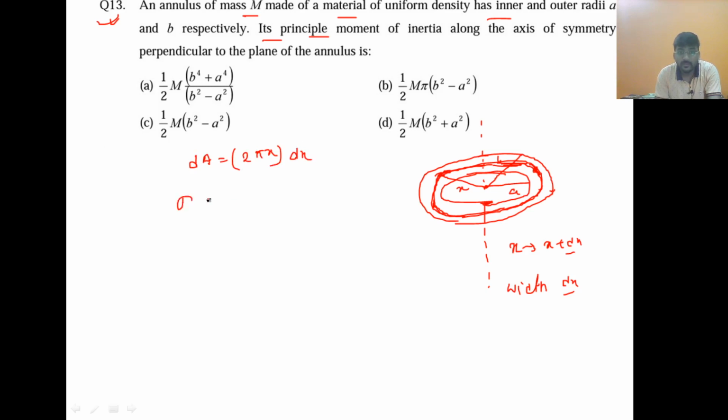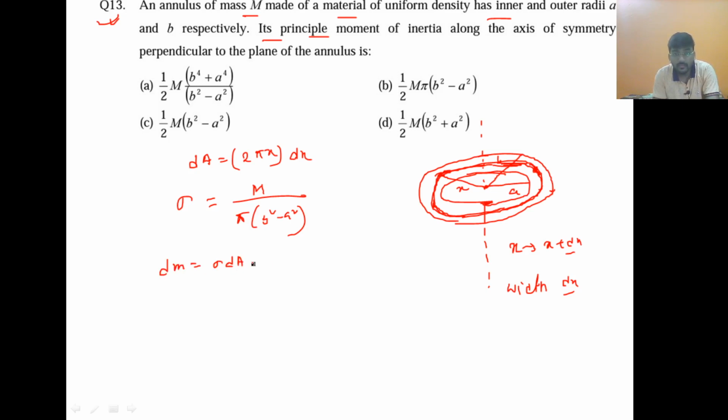Now if sigma is the mass density, that is mass per unit area, then it will be capital M, which is the mass of the total annulus, divided by the area where the mass is present, pi into b square minus a square. This will be sigma. Okay, so the mass of this elemental ring will be dm, that can be written as sigma dA.